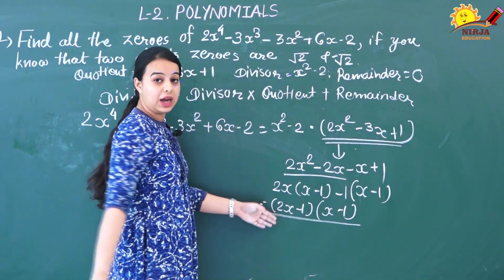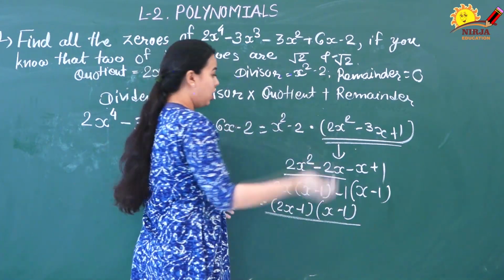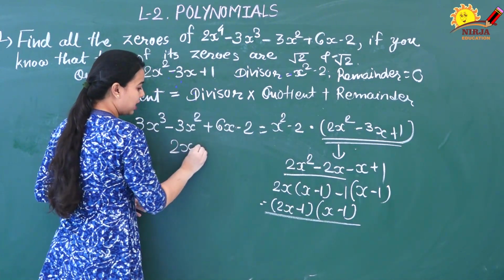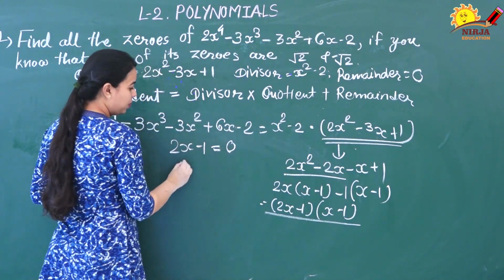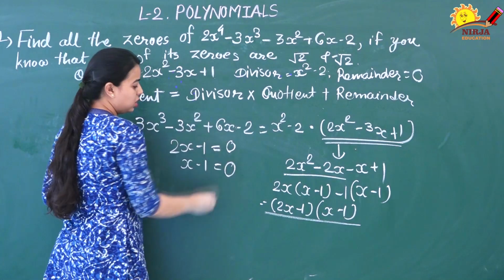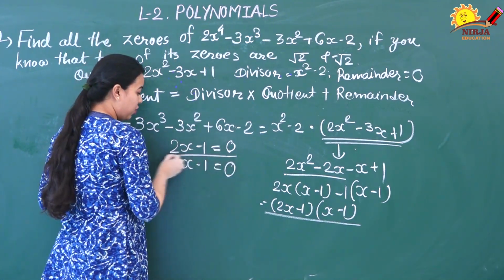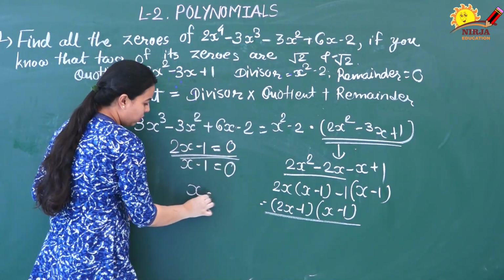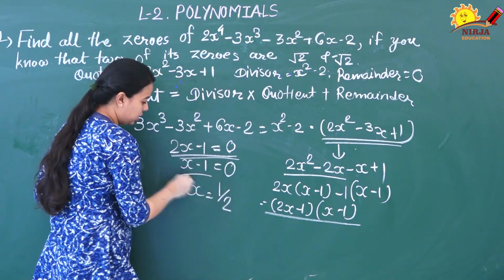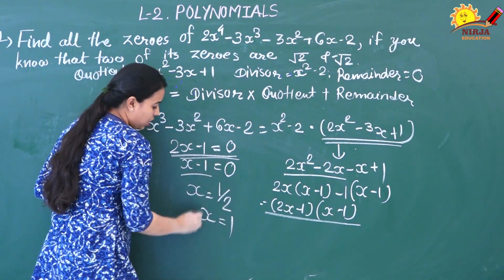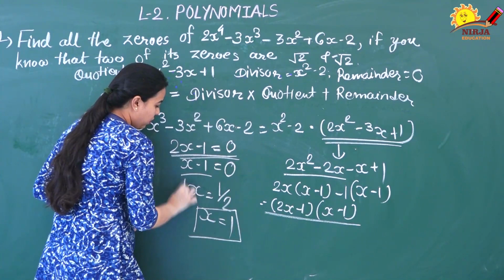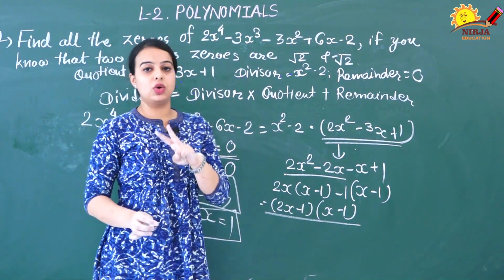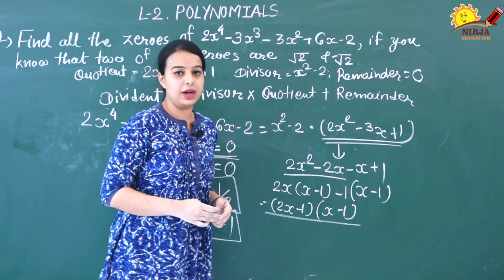These two are the factors of this polynomial. Also, we can write 2x minus 1 equal to 0 and x minus 1 equal to 0. From this, the value becomes 1 by 2, and for the other, x is equal to 1. So here we got 2 zeros of this polynomial.